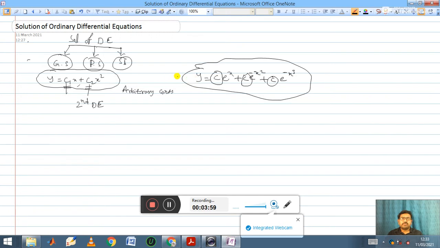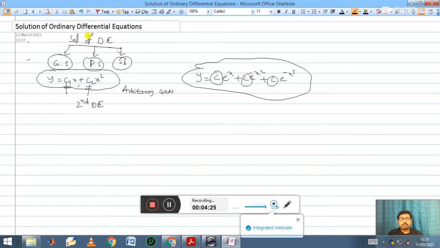order differential equation. Simply, if you eliminate two arbitrary constants from a given general solution, it leads to a second order differential equation. If you eliminate one arbitrary constant, it leads to a first order differential equation.